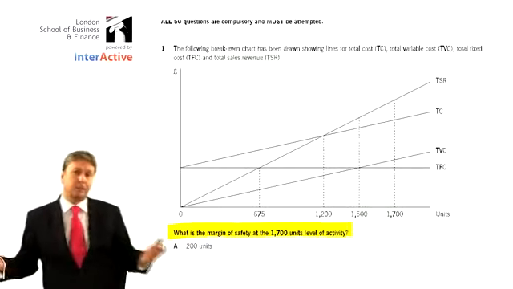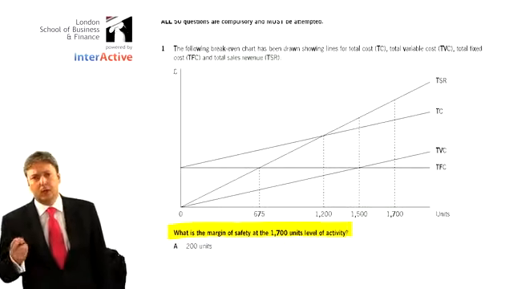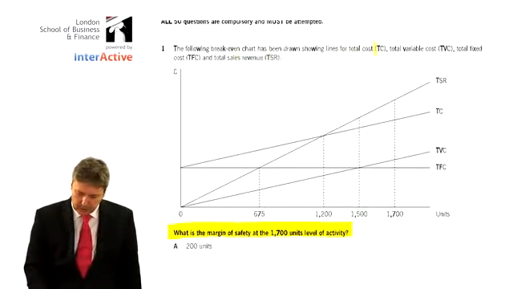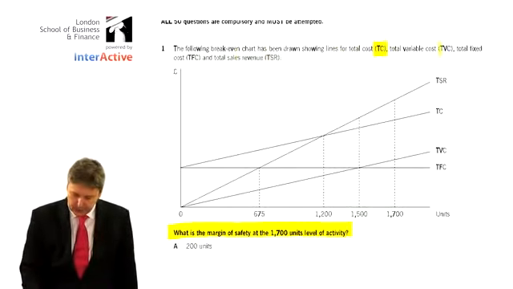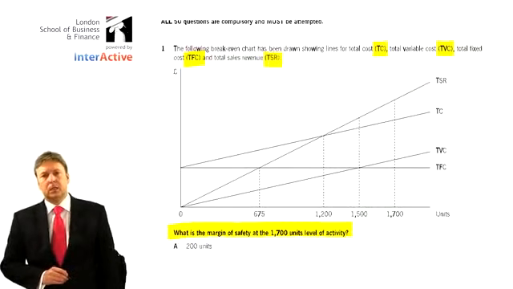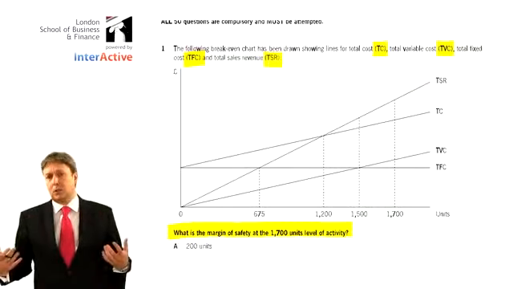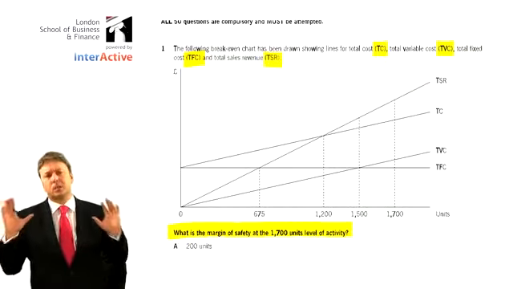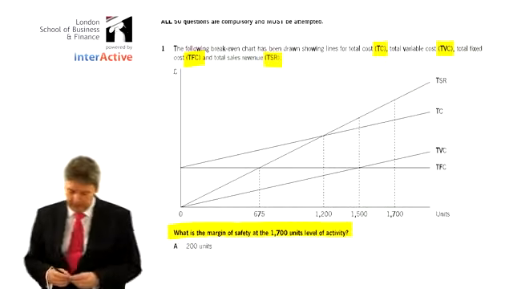We're helped a bit because if we read at the top, we're given a lot more information. The following break-even chart has been drawn showing the total cost line, the total variable cost line, the total fixed cost line, and the total sales revenue. Well, okay, let's answer the question first of all, and then we'll come back and talk about other things that we're given here that we may have to play with.